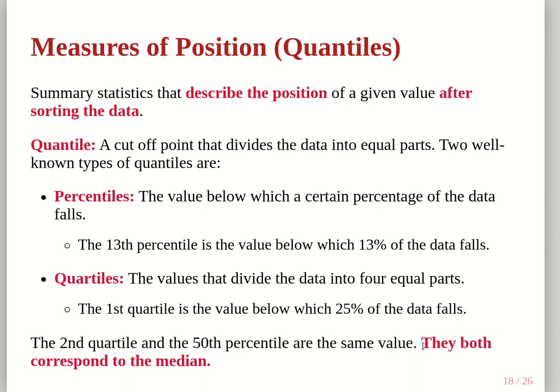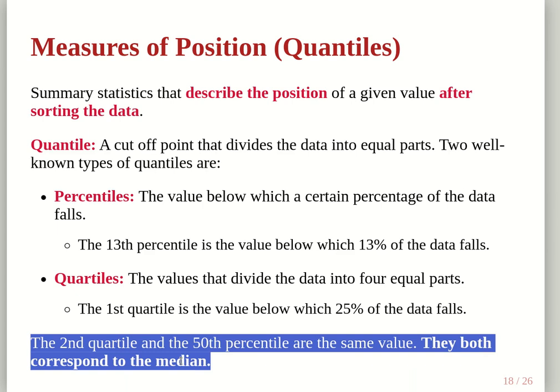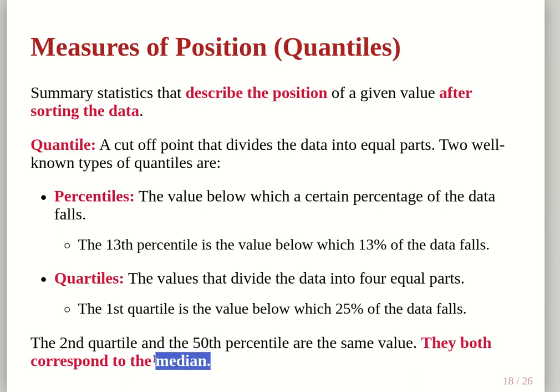They both indicate the median, because again, the median is going to be the summary statistic that captures the middle value, the value that falls right at the middle of my arranged vector of data.